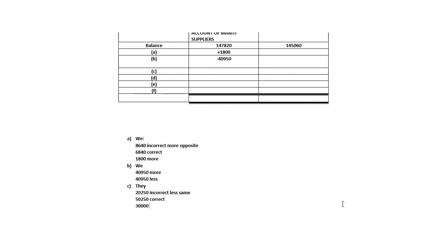So to do the same means they've got to make it more with 30,000 because they did not put through enough. So they must make our account more with 30,000. That 20,000 is less than 50, so to get the 20 up to 50, they must add a further 30,000.